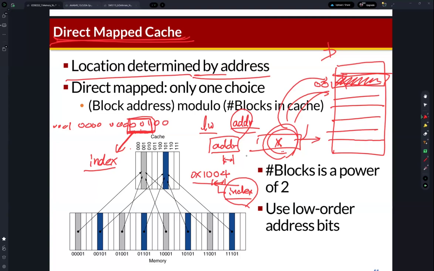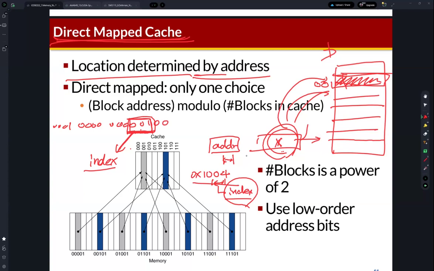In a direct mapped cache, multiple data can be mapped to the same index of the cache. The cache size is small, so multiple data can be mapped to the same location.